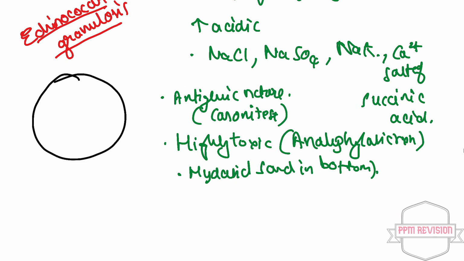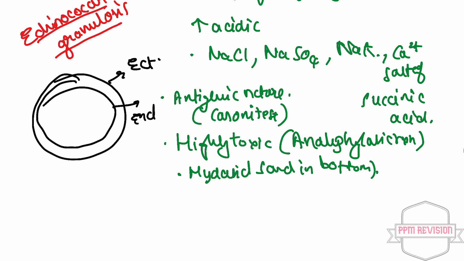This is the hydatid cyst. We have a couple of layers. This is the ectocyst, this is the endocyst, then we have the brood capsule, and this is the scolex.